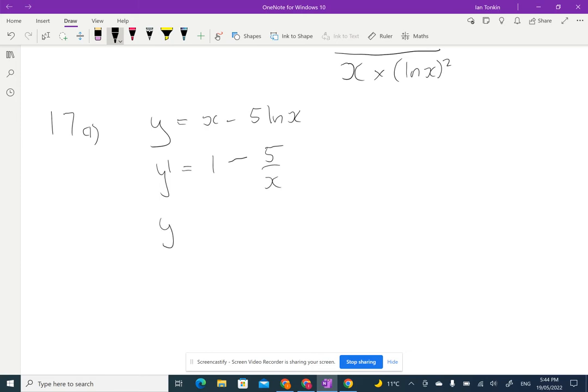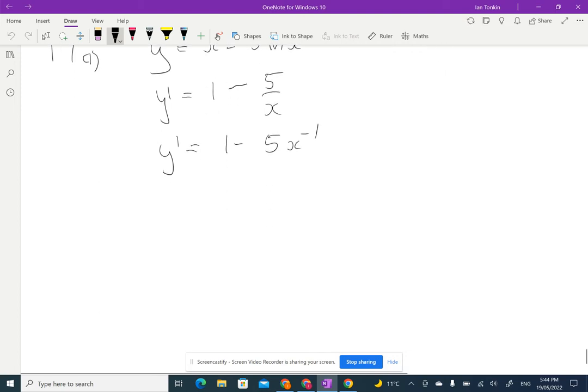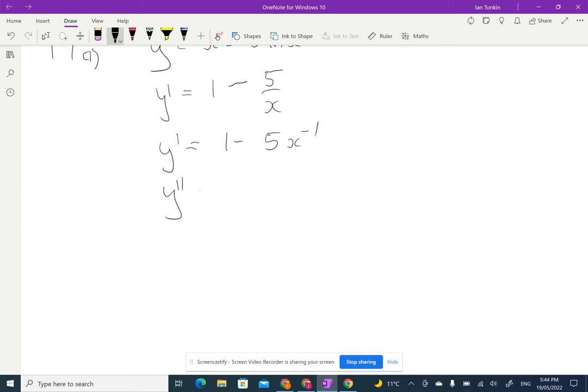And if I differentiate, I'm going to rewrite that as a power, so 1 minus 5x to the minus 1. Now I derive that again, I get y double dash, and I'm going to get 0 minus 1 times minus 5. Take 1 away from the power, x to the negative 2, which gives me 5 on x squared, because the negatives will cancel, the x will go downstairs.